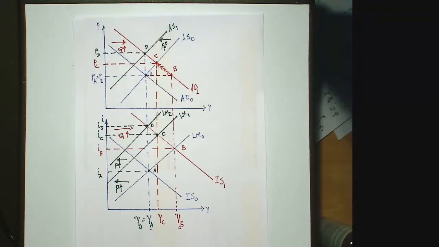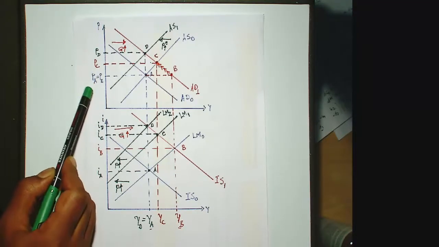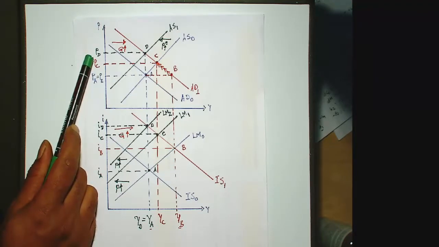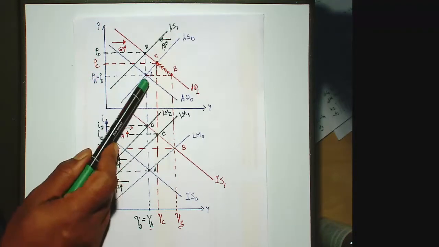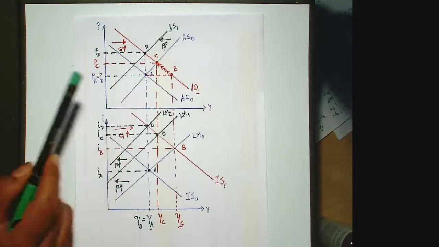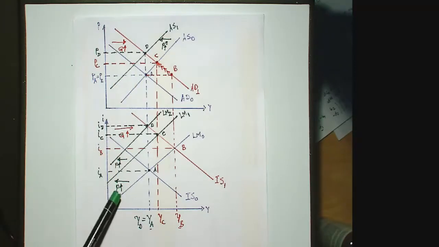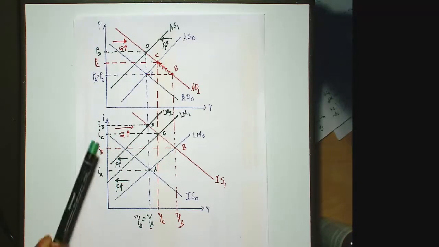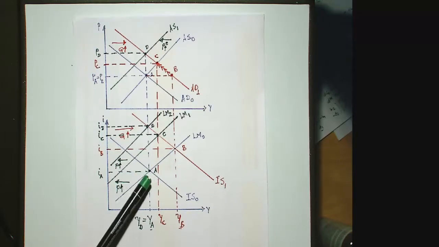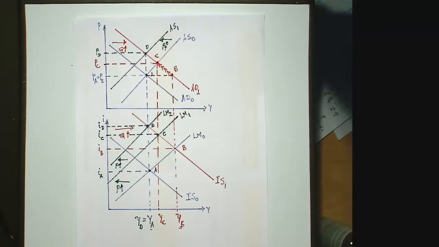But we have seen that there is an increase from price A and B to price D compared to the initial equilibrium of A. And again, there is also a higher interest rate from IA to ID compared to the initial equilibrium of point A. So with this, we would conclude our first part of the ASAD model, expansionary fiscal policy.